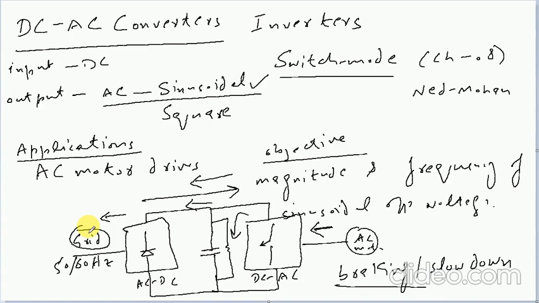That particular converter should operate as a rectifier when the load is acting as a motor, and when it starts to work as a generator, during the braking mode, it works as an inverter. So we need to have a setup like that for this particular case.